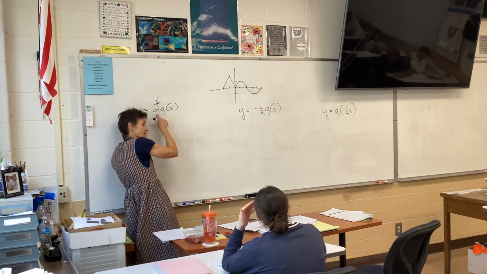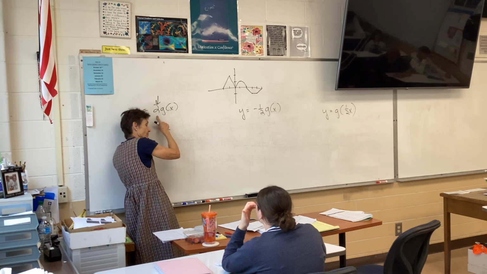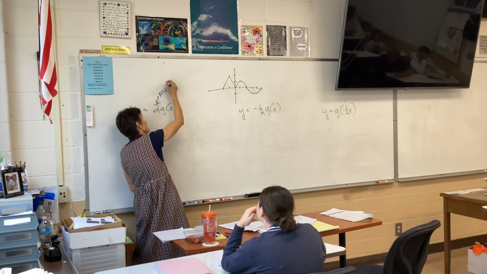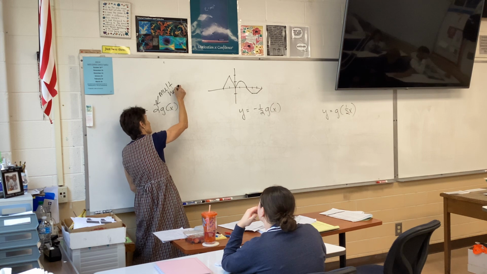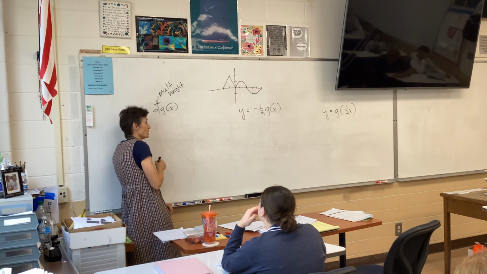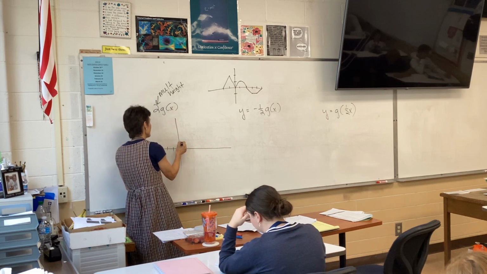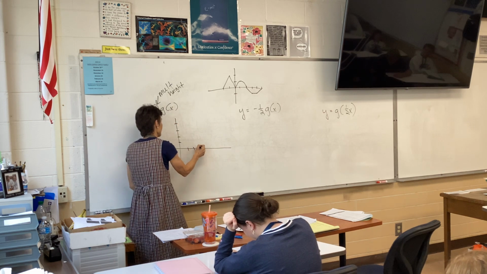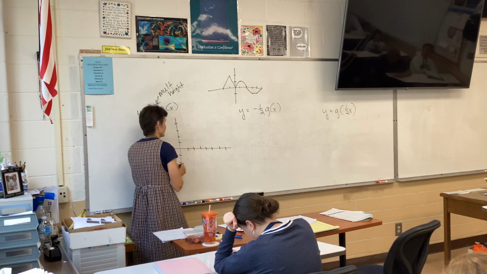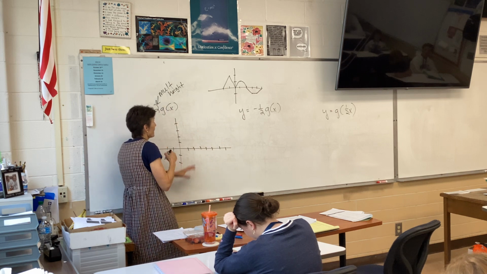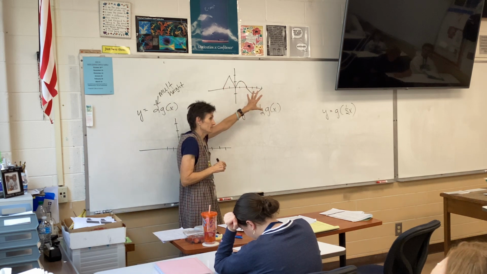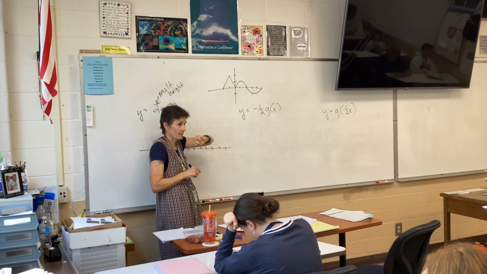Whatever number is out in front multiplies the height of the picture. So in other words, since there's a 2 out in front of this thing, every shape is going to be twice as tall as it is originally.